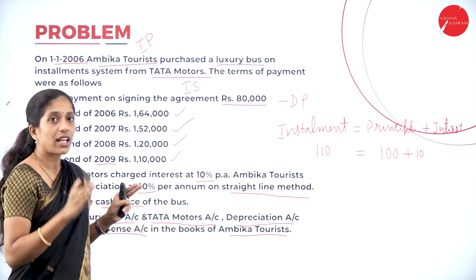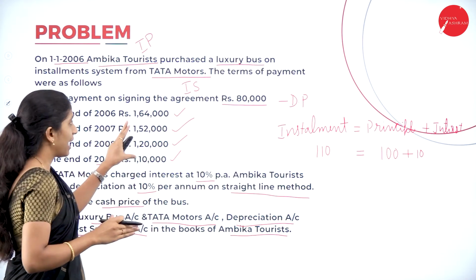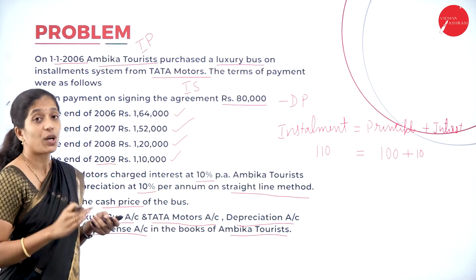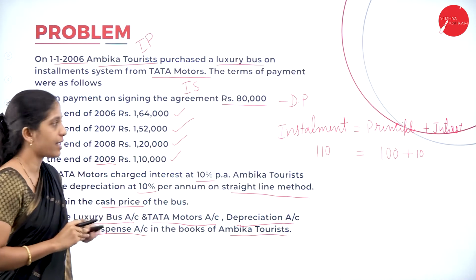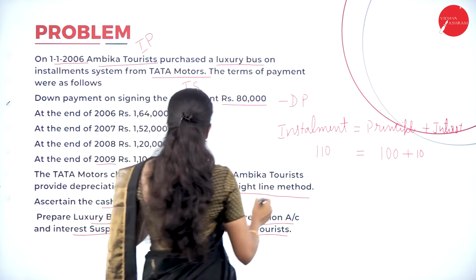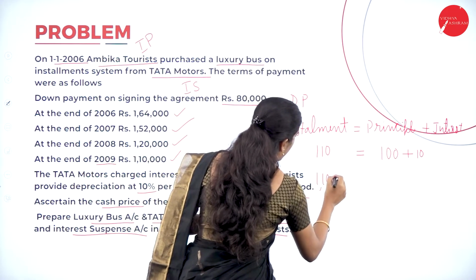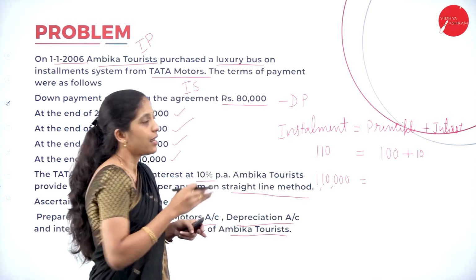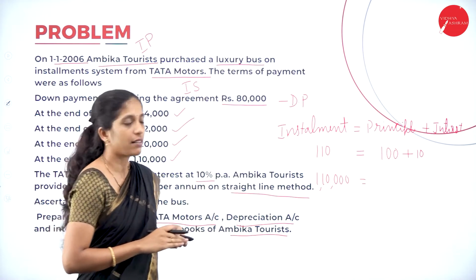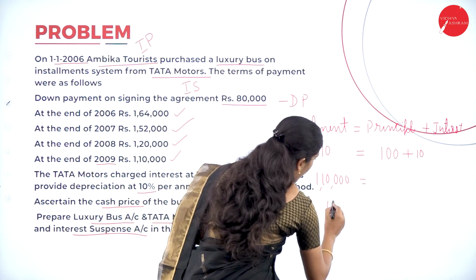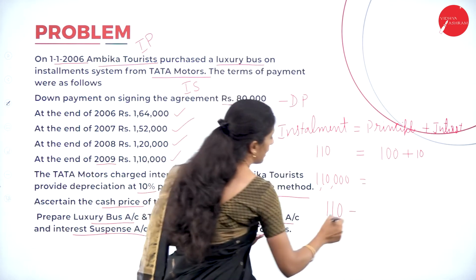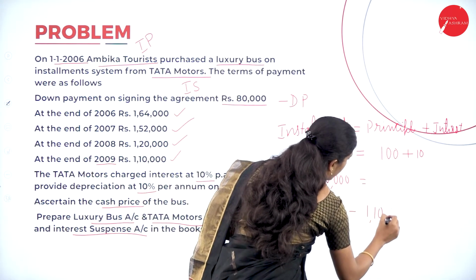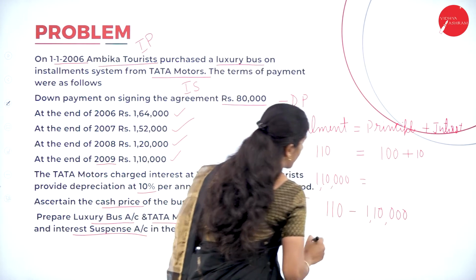Now, if you take the fourth year, how much installment amount have they given? As I told, if they give such a type of question and they have given the installment, it means it is inclusive of interest. They have given 1,10,000 installment. So, we don't know what the principal is, right? So, we have to calculate the interest. For 110%, we have 1,10,000 and we want the interest separately.